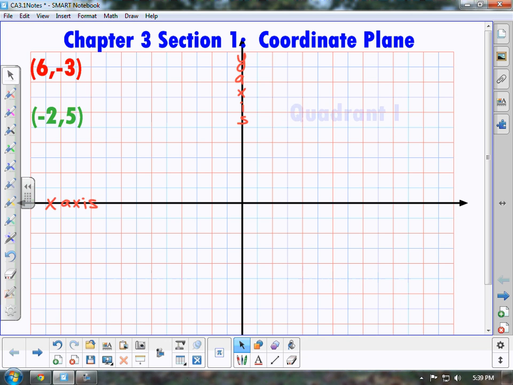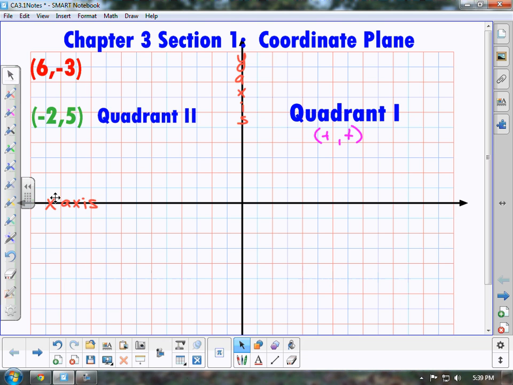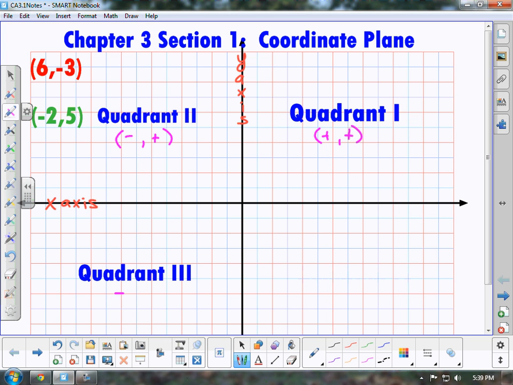Quadrant 1 is the positive quadrant. Quadrant 2 is the negative positive quadrant. Quadrant 3, it's the negative quadrant for both the x and y term.